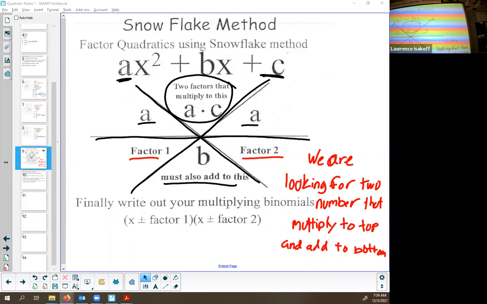The next slide is going to be tips for us, because another thing that students had trouble with is the signs. What should be positive? What should be negative? And the next slide gives you all those tips and tricks.